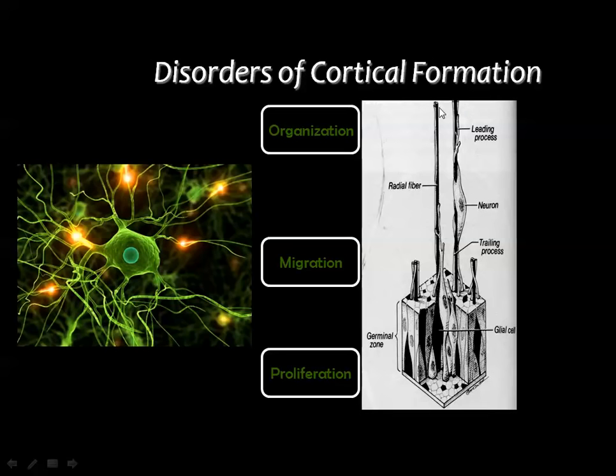And whenever they reach the cortex, they organize into specific parts, and this is the final stage, which is the stage of organization. Then we have three definitive stages that can be subjected to any abnormality: the stage of proliferation, the stage of migration, and the stage of organization.